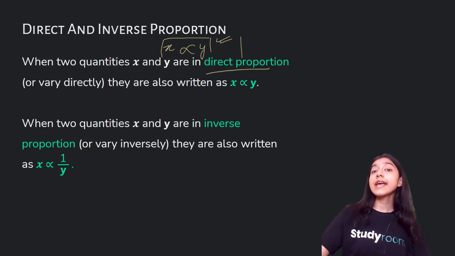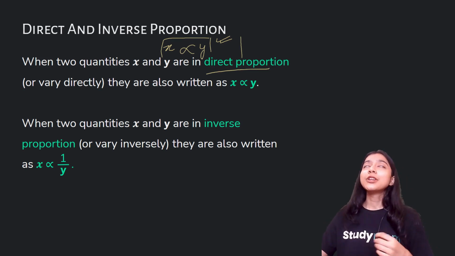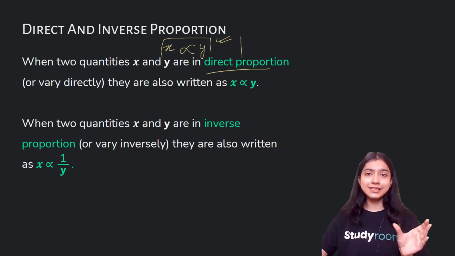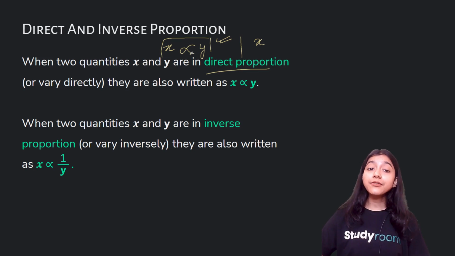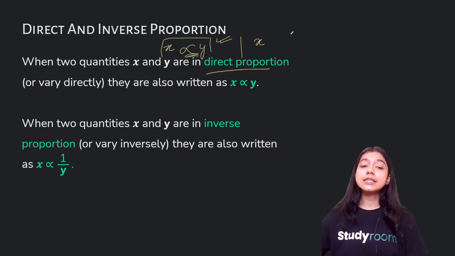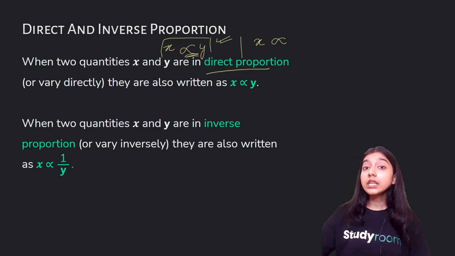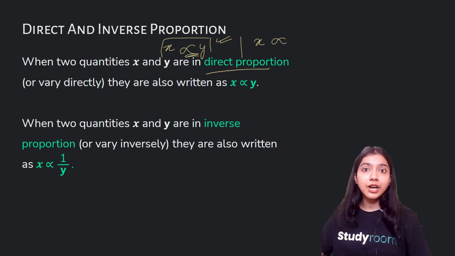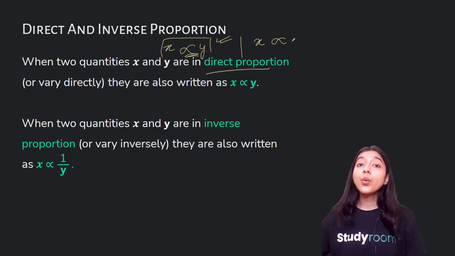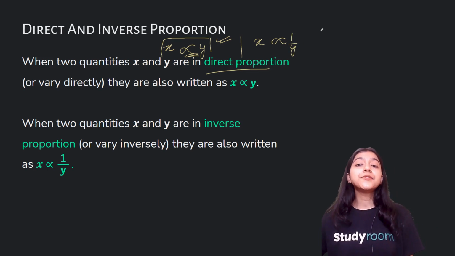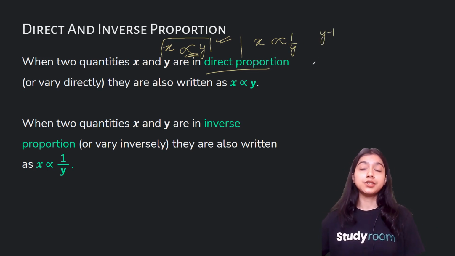Now another thing, what is the case of inverse proportion? What if I have to write that x is inversely proportional to y? For this also we have a very precise thing. Just look over here. We have to write x and we use the same symbol. But here in the case of inverse proportion, we write 1 by y, because 1 by y means y inverse.